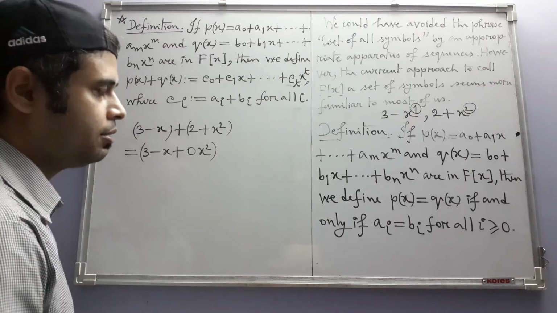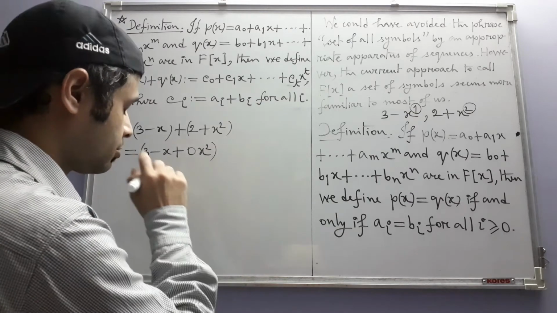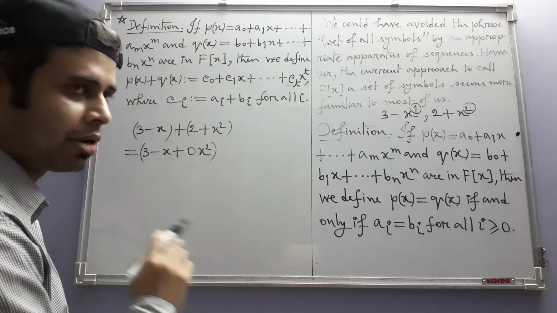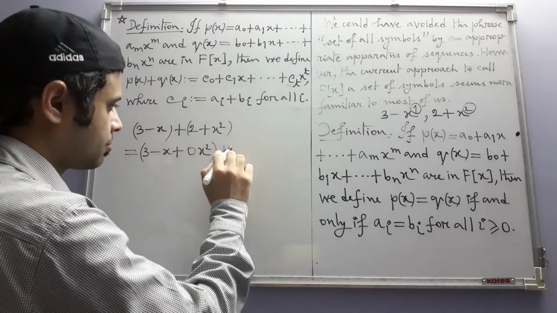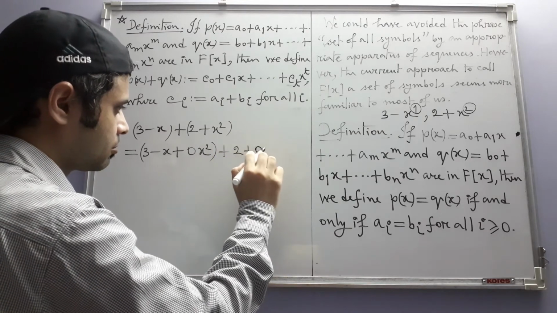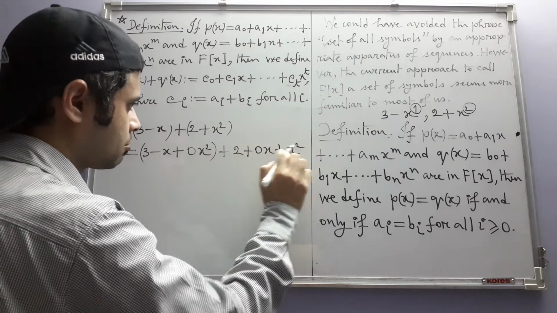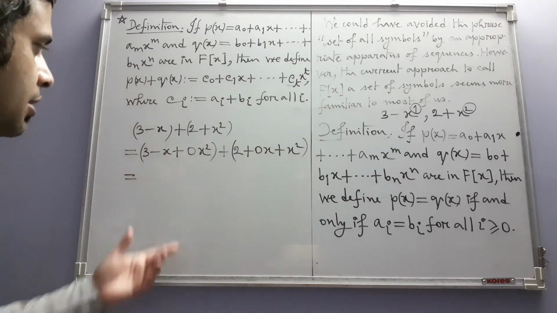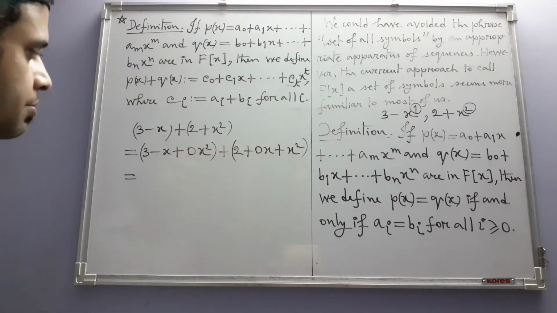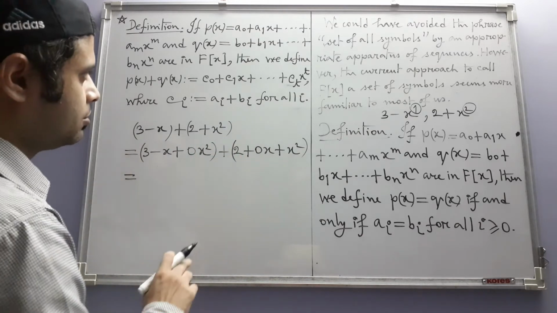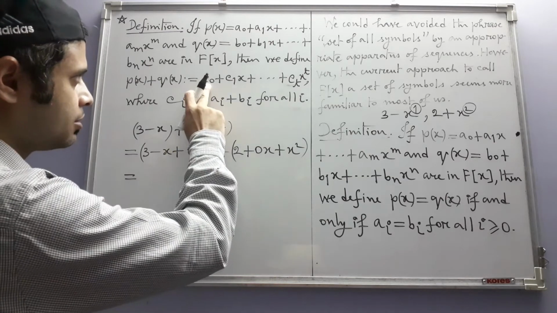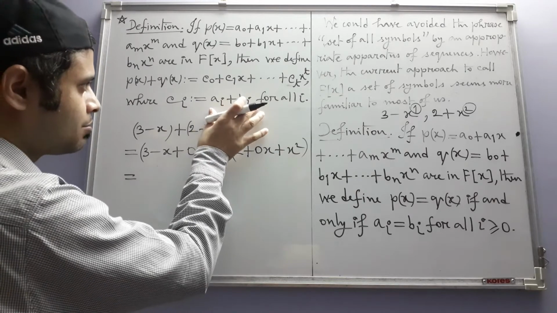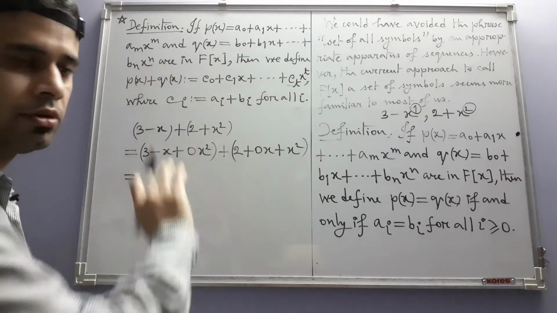Only finitely many terms are non-zero. However, those terms will matter. If you are working with only these terms, then after adding, you will get another polynomial whose coefficients are the sums of the corresponding coefficients in the given polynomials.